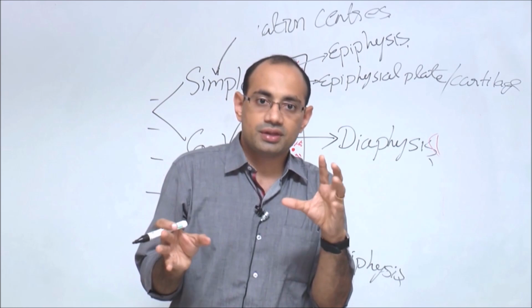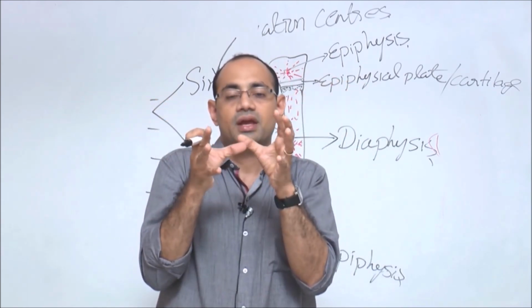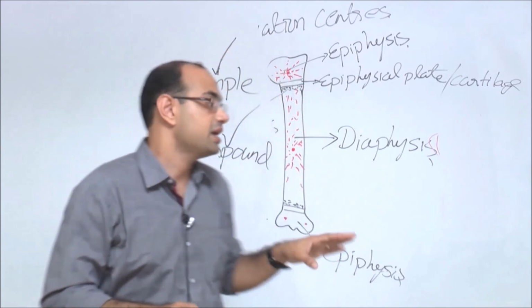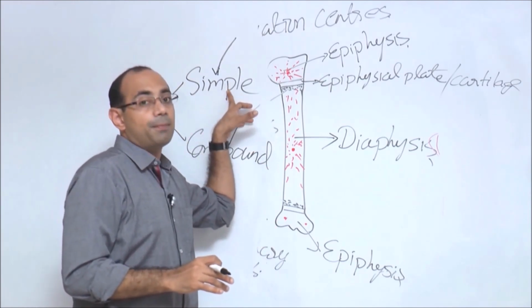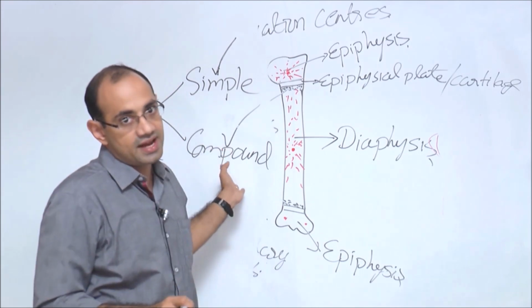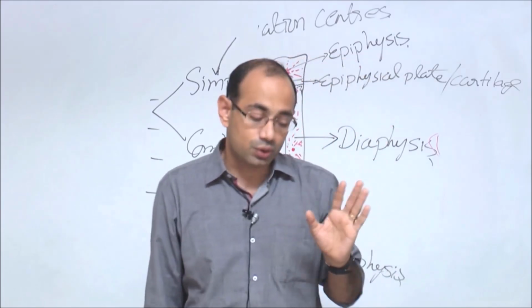So what should they do? First of all, the epiphyses will fuse with each other, and then all of these will join to this epiphyseal plate. That is called a compound epiphysis. We said the upper end of the femur is simple, so what would this be? The upper end of the humerus is an example of a compound epiphysis. So that is what you have to write when asked about epiphysis.